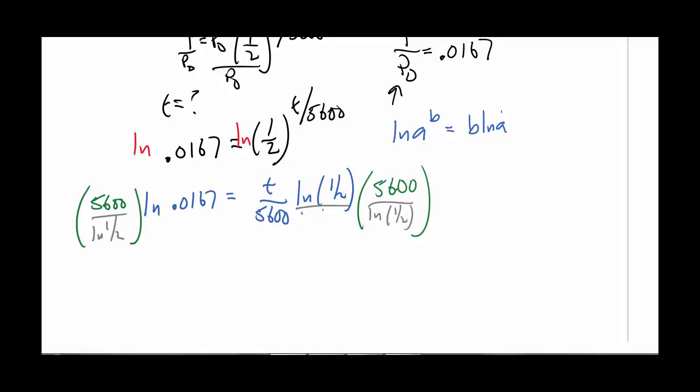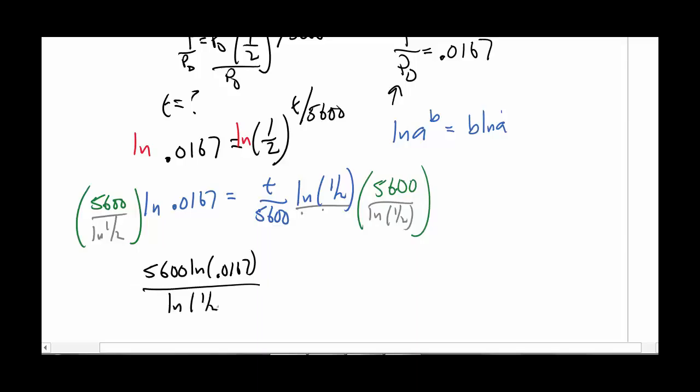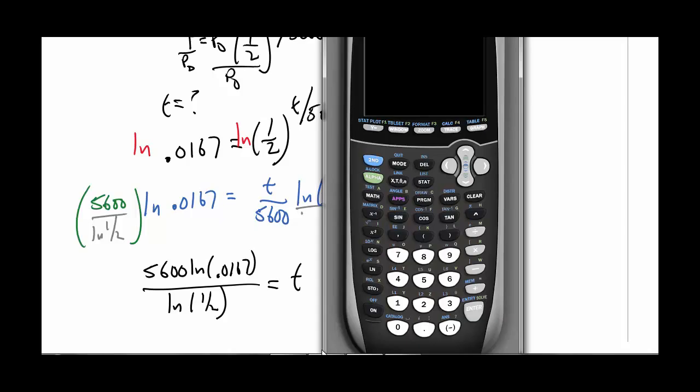So what does that look like? That means in our calculator, we're going to have to type in 5600 times the ln of 0.0167 divided by the ln of 1/2. And that's exactly what T means. So let me go to the calculator.